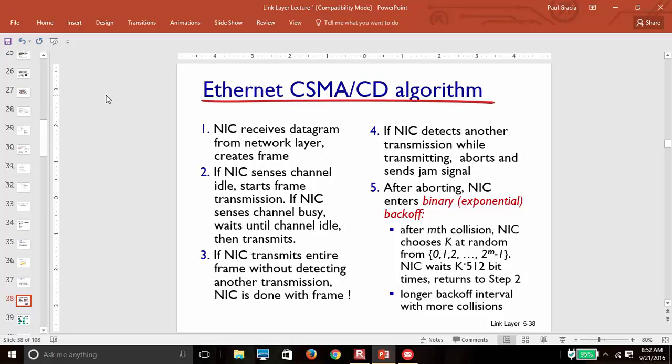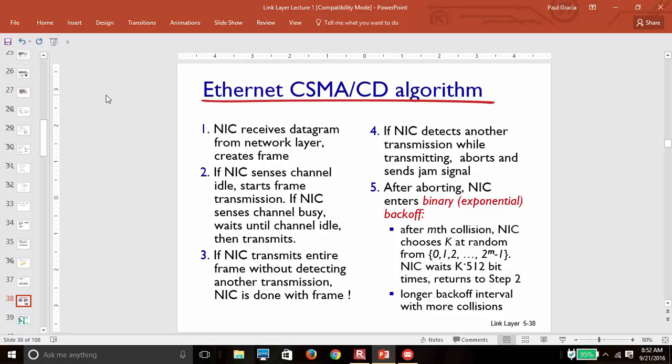If the NIC detects another transmission while transmitting, it aborts and then sends the jam signal. After aborting, the NIC enters a binary backoff, and keep in mind that all of the other NICs that may be transmitting simultaneously are doing the same thing.